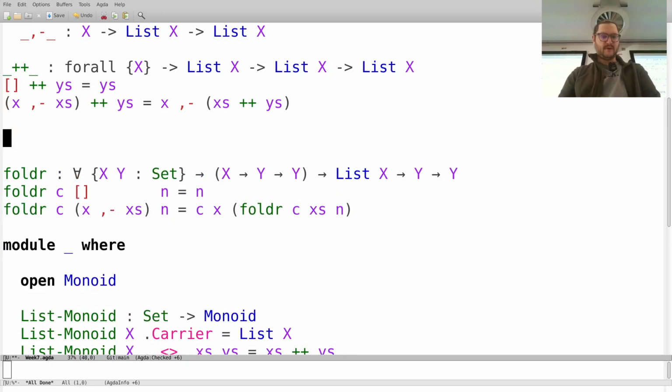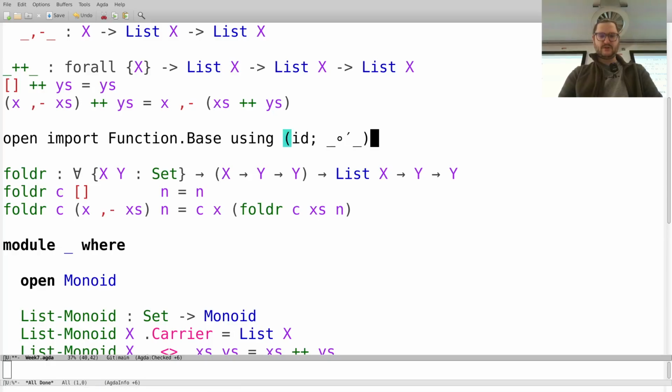So if we have a bit of magic, aka function base, we can import the identity and composition. So I'm using the ticked composition because this type is not dependent. And if I'm using the full-blown composition, it might be a bit hard for it to figure out all of the implicit arguments.